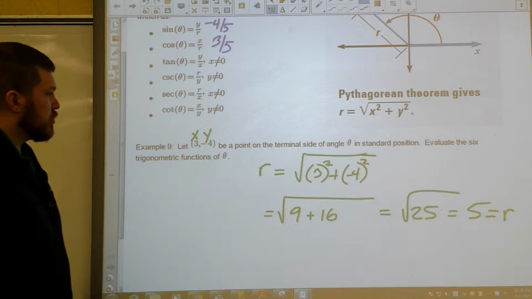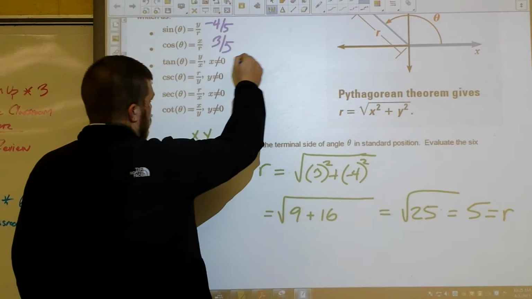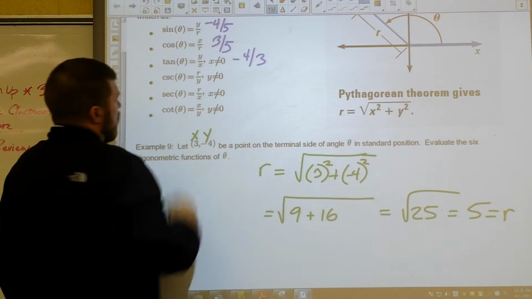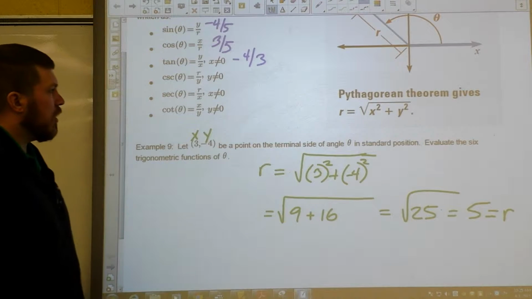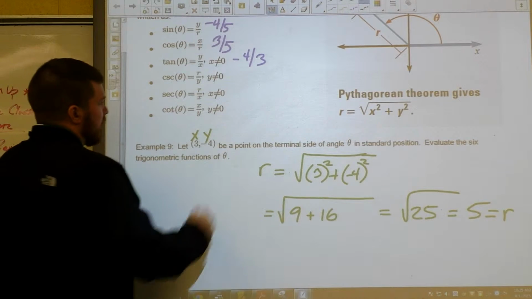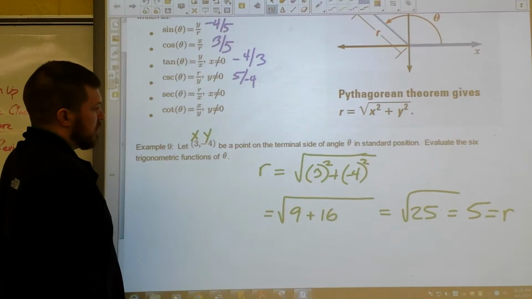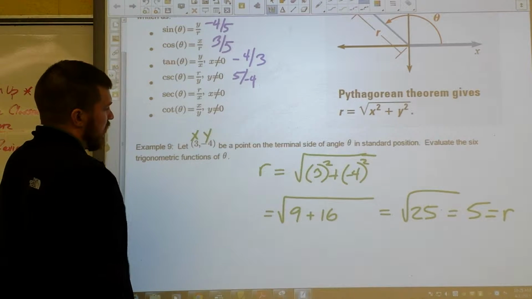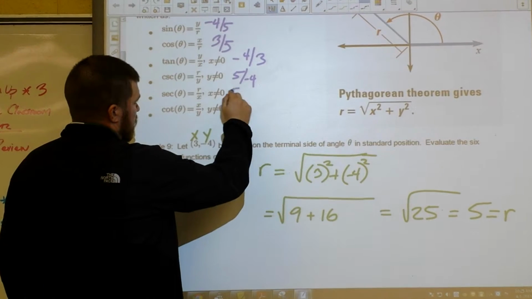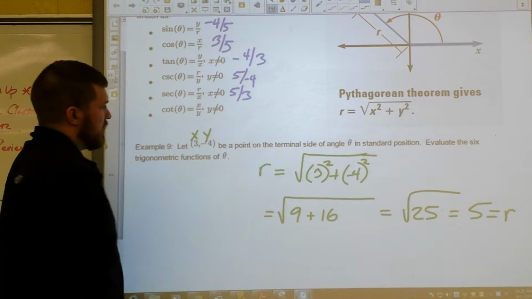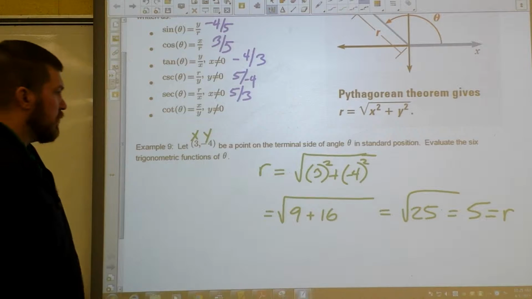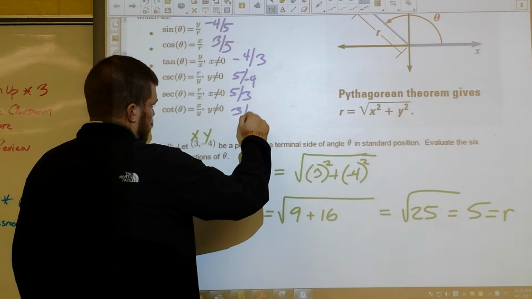For tangent, it's y over x, so -4/3. For cosecant, it's r over y, so it's going to be 5 over -4. For secant, it's r over x, so 5 over 3. And finally for cotangent, it's x over y, so 3 over -4.